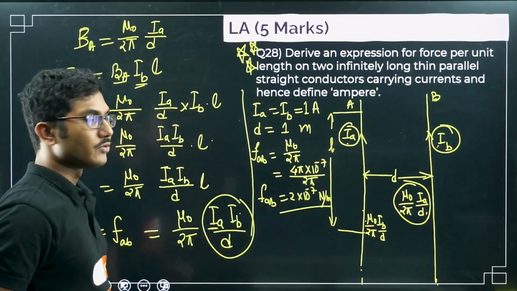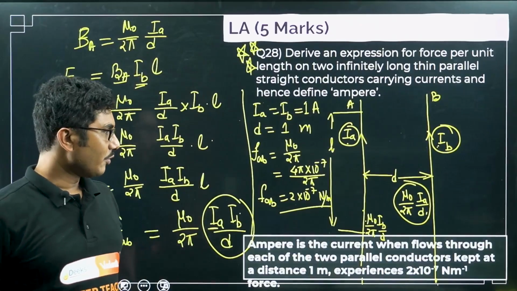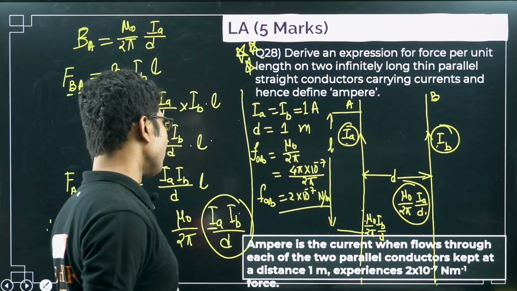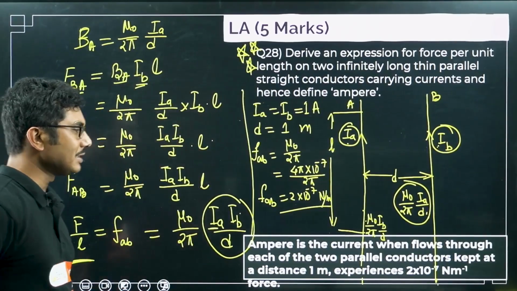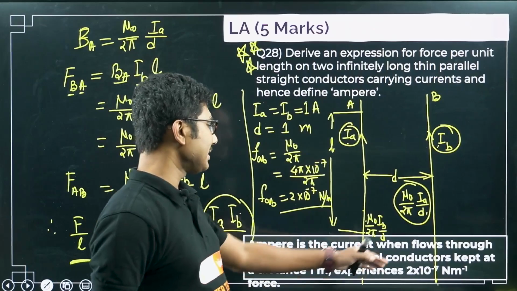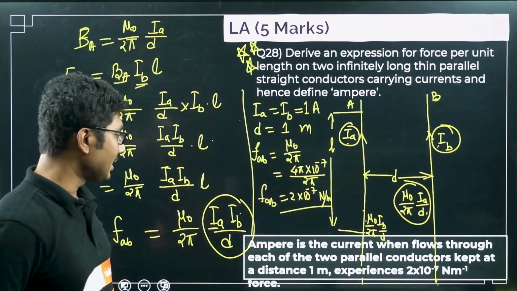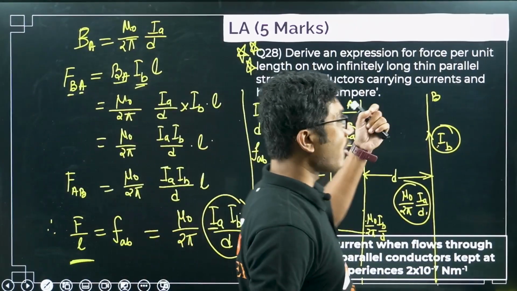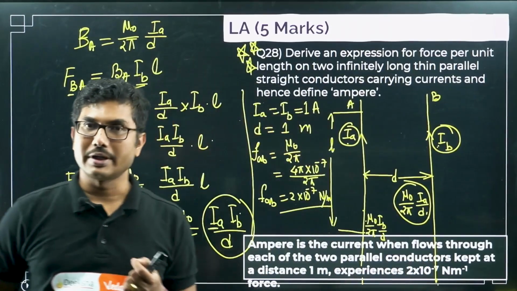So from the definition, you can say that ampere is the current which, when flowing through each of two parallel conductors kept at a distance of 1 meter, experiences 2 times 10 to the power of minus 7 Newton per meter force. Okay, so this is the definition of ampere from this law. If you miss that also, they will deduct 1 mark.